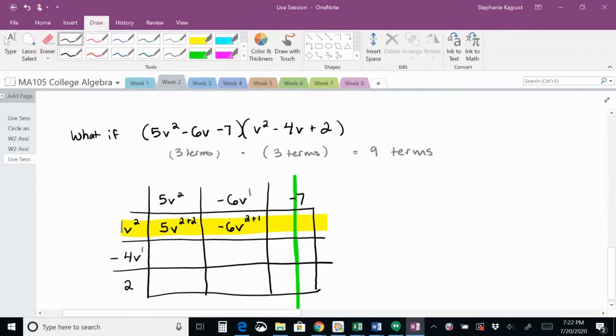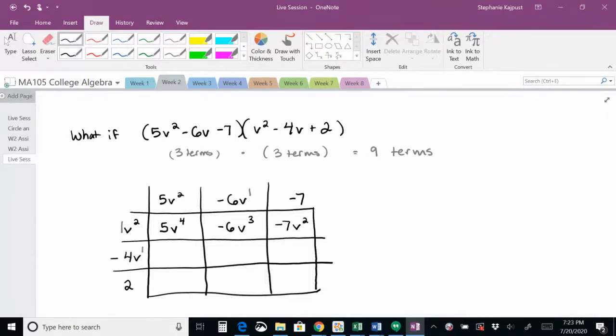And I have a 1 times a negative 7. So we get a negative 7 and then a v squared. Now, I always recommend doing your math in pencil so you can erase. So I can combine these exponents and I can make that a 5 to the 4. And then I can add the 2 plus 1 and make that a 3. So you can then simplify those.